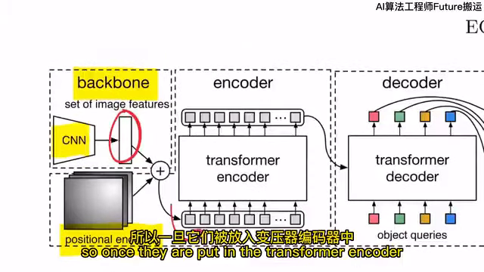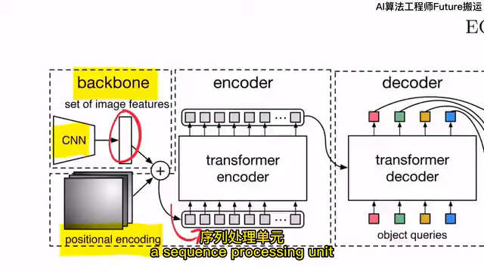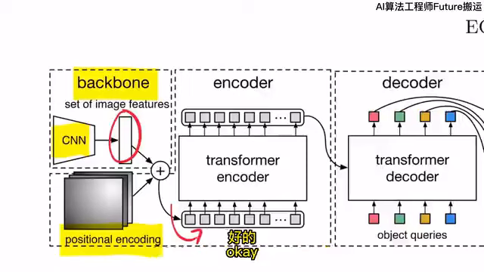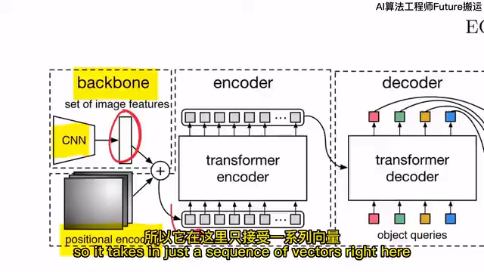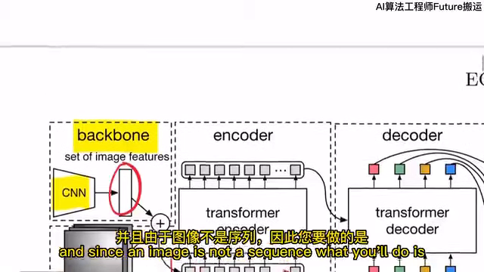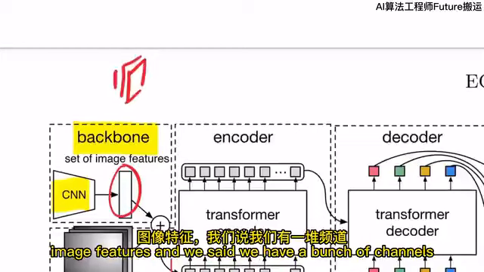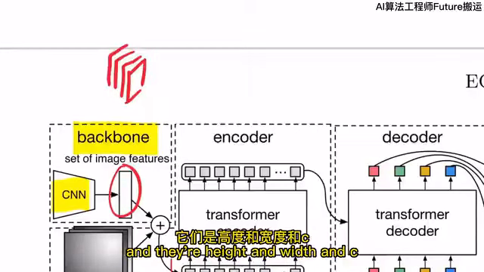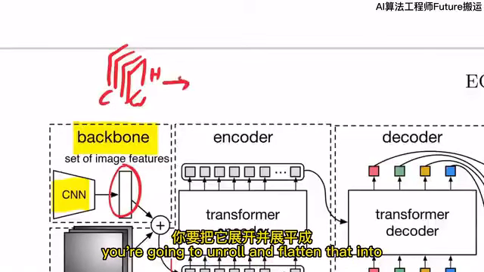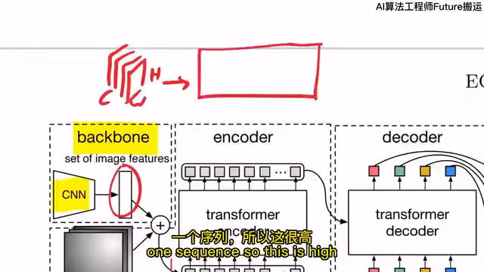So once they are put into the transformer encoder, because the transformer is naturally a sequence processing unit, it takes in just a sequence of vectors. And since an image is not a sequence, what you'll do is, if you have your image features with a bunch of channels, of height and width and C, you're going to unroll and flatten that into one sequence.